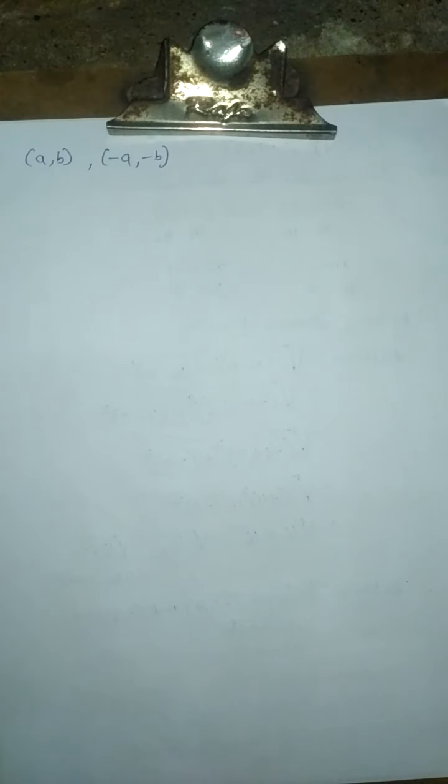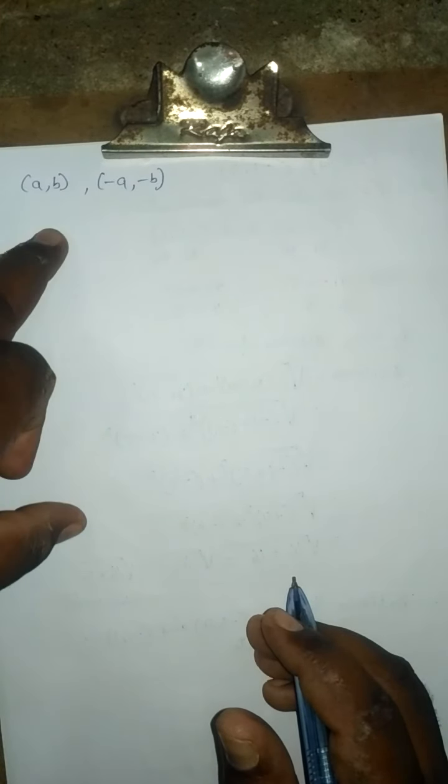Now let's go for the third problem, that is a comma b and minus a comma minus b. Now we have to find out the distance between these two coordinates, a comma b and minus a comma minus b. Now we go for the solution.